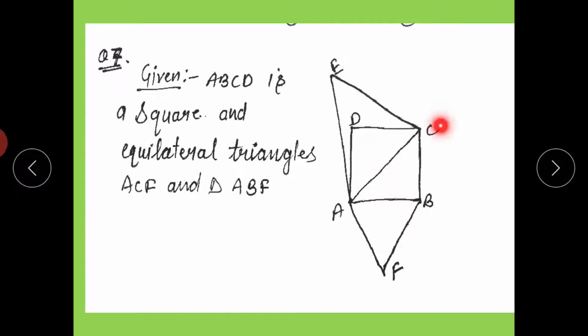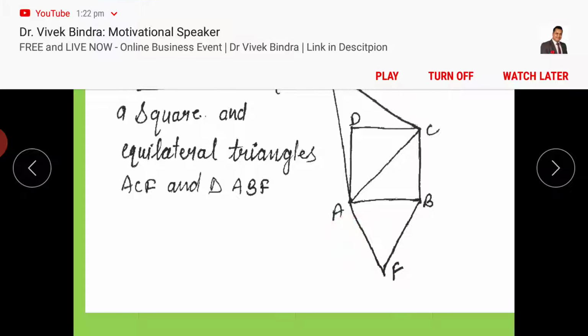BAF and ACE are both equilateral triangles.